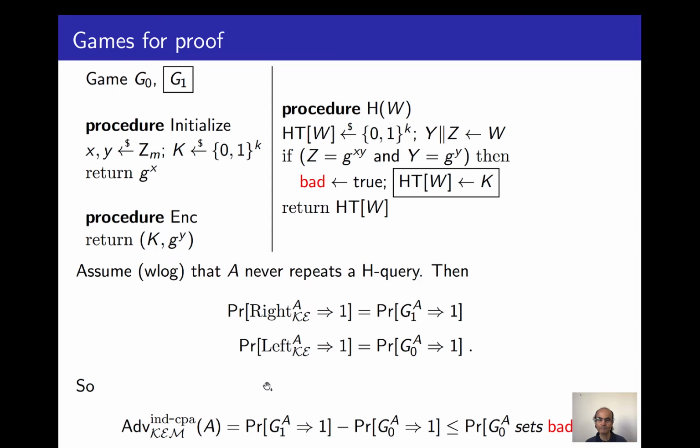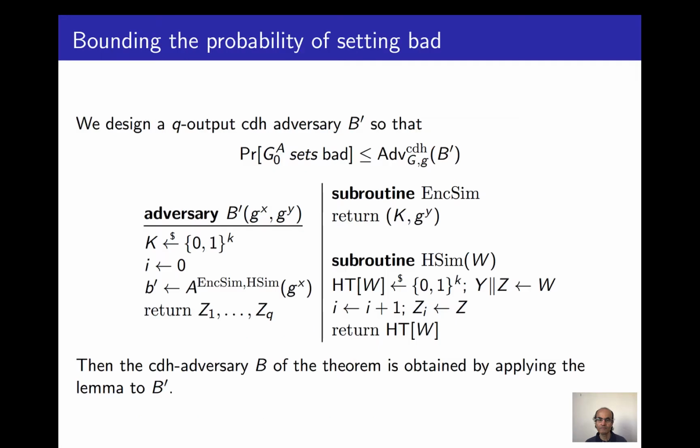So now we already went through this aspect. So we're down to saying that we need to bound the probability that G0 sets bad. And we'll do that by writing an adversary against the CDH problem, exploiting our prior generalization. We will make this a Q output adversary.